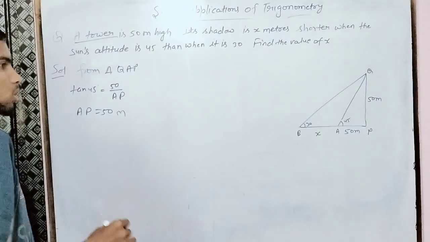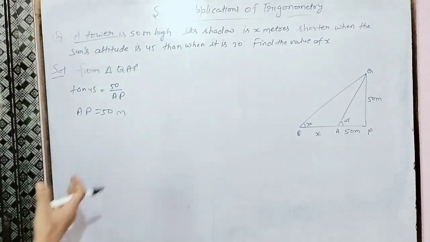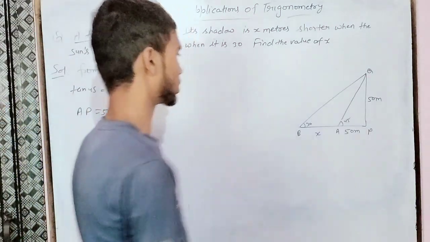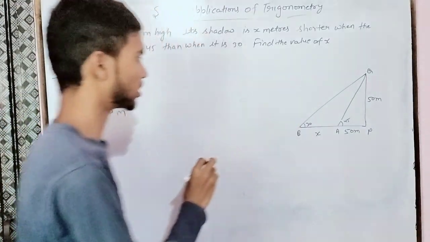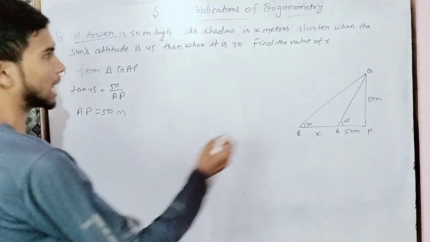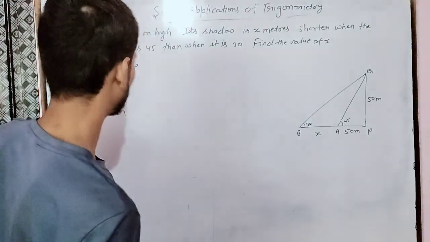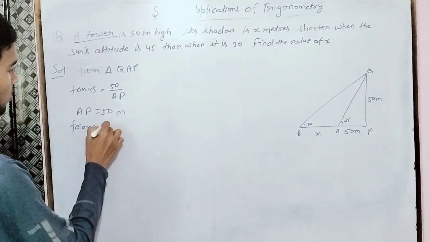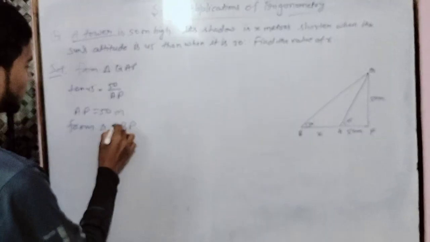Okay. Now we have to find the value of this x, which is the shadow of a tower. So from here, can we use tan 30 equals 50 upon x plus 50, from triangle QBP?